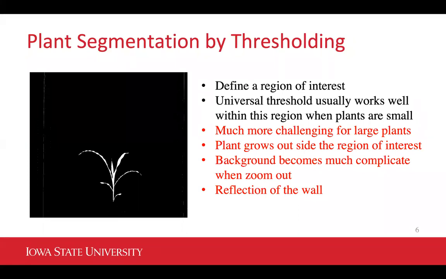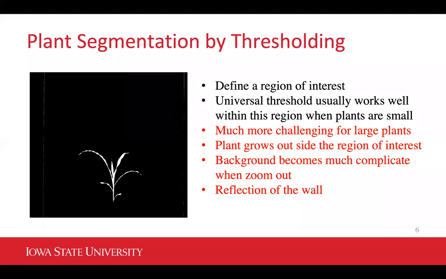The procedure usually involves defining a region of interest and using a universal threshold within this region. The universal threshold means that we apply the same threshold to each pixel, the same criteria on each pixel of this part of the image. Then the plant can be segmented out.